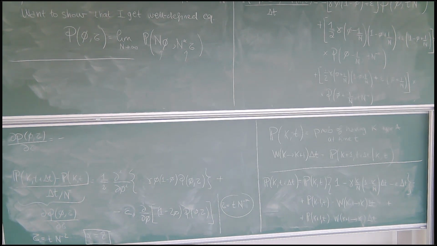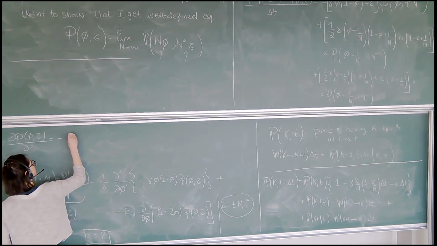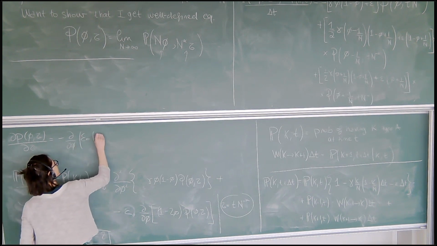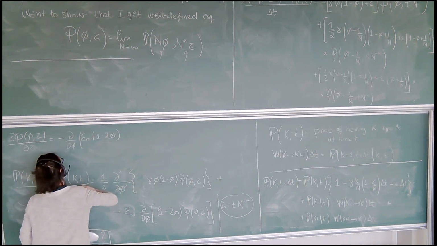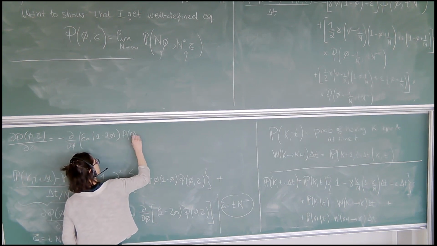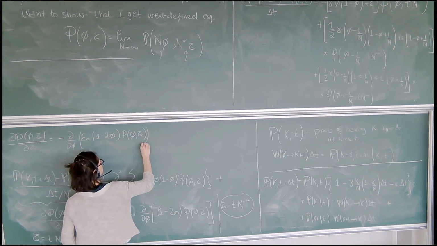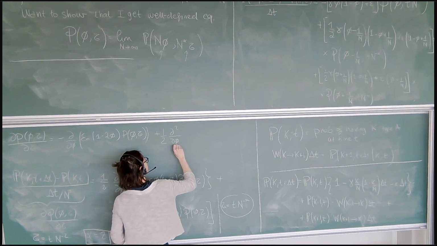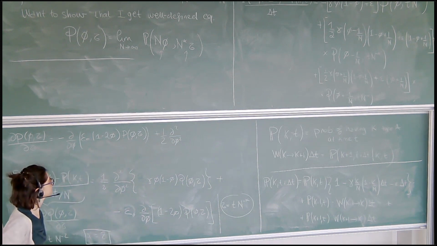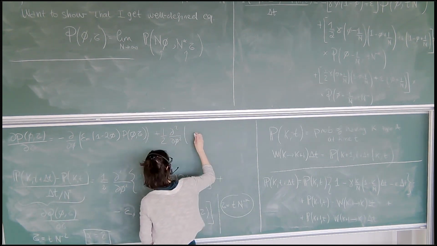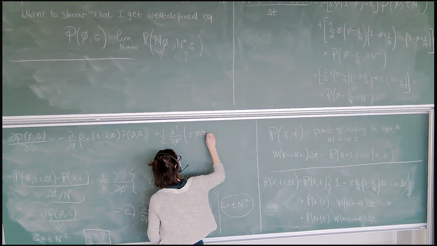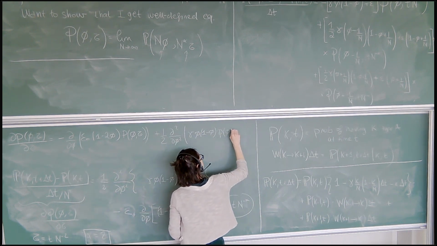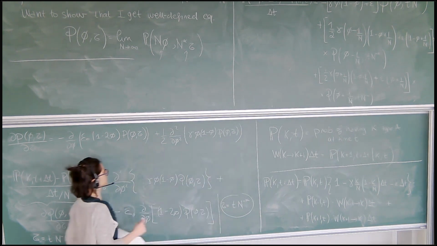So the drift term, you have this d over d phi of epsilon 0, 1 minus 2 phi p of phi tau, and then you have the diffusion term, which looks like this.